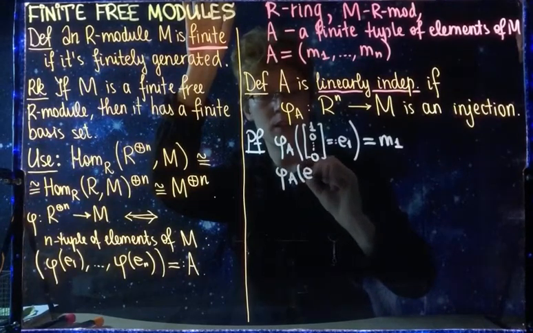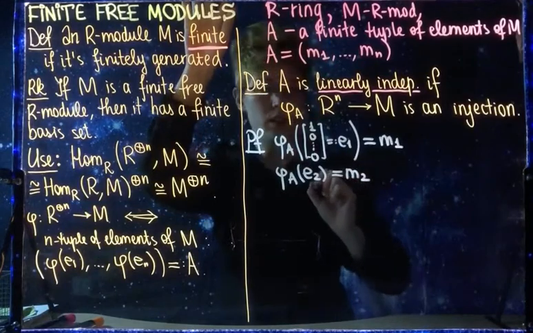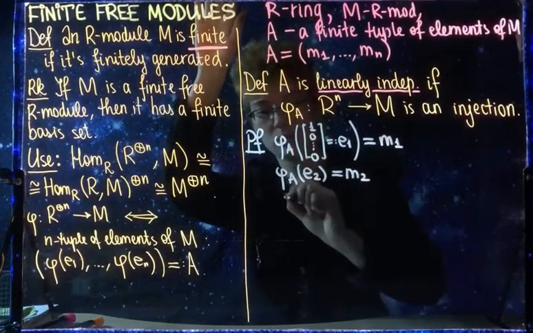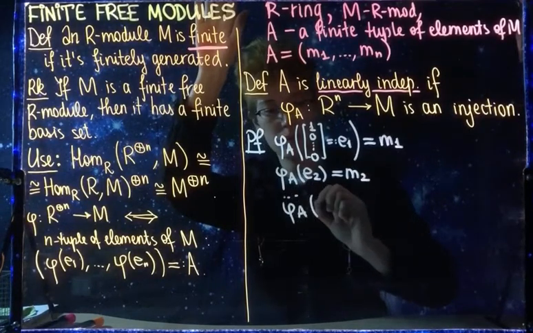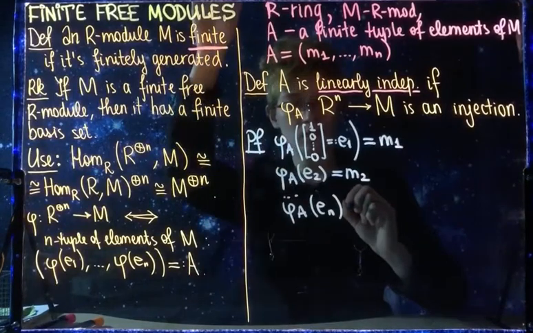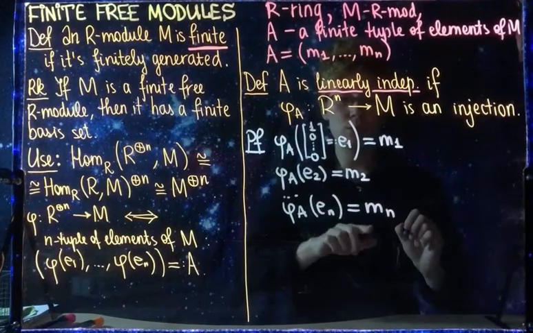Phi A of the second standard basis vector, I set it to m2, etc., through phi A of the nth standard basis vector, 0, 0, 0 through 1, I take it to be equal to mn.